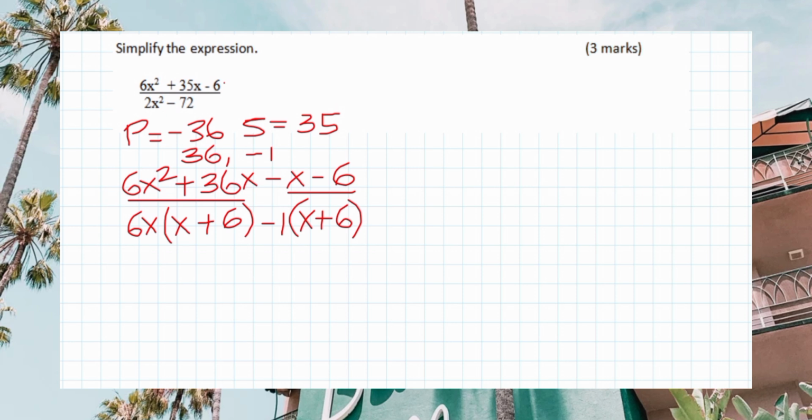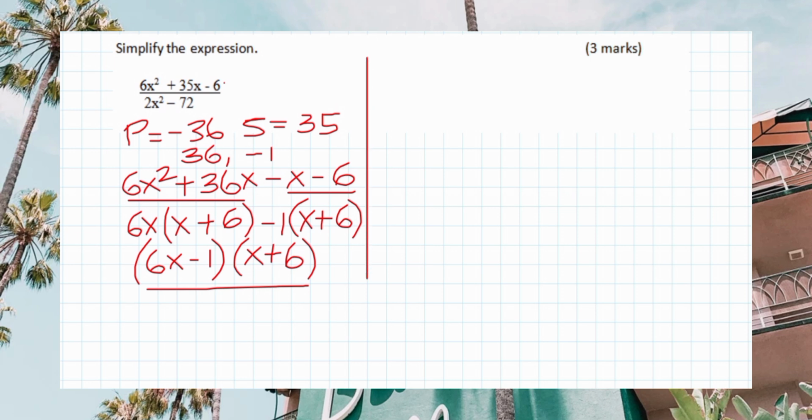As usual, you combine this as (6x − 1) multiplied by (x + 6), and that way you have completely factorized the numerator. Then you can go to the denominator, where you have 2x² take away 72.